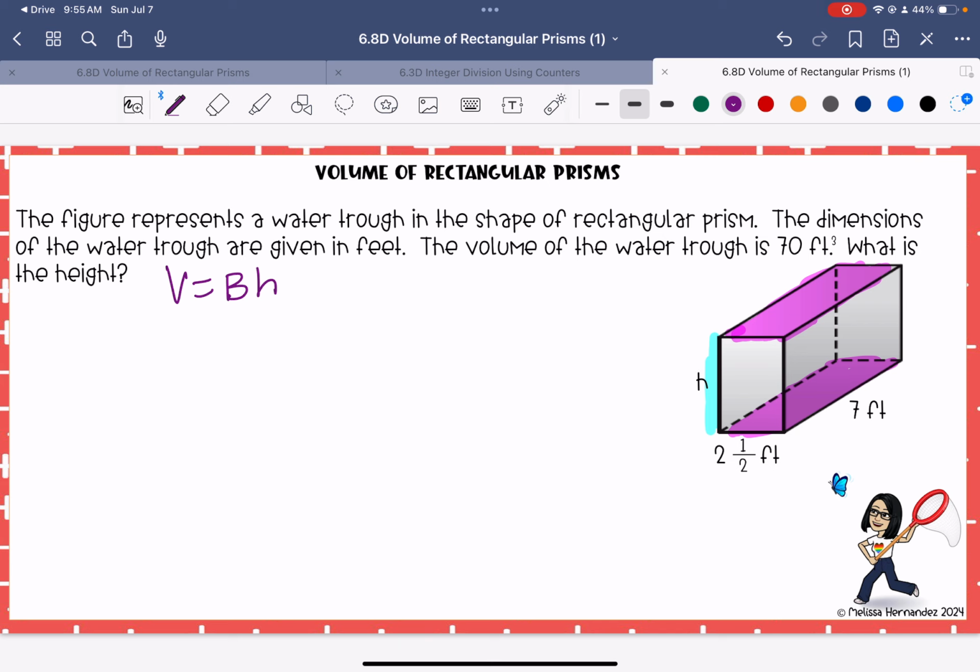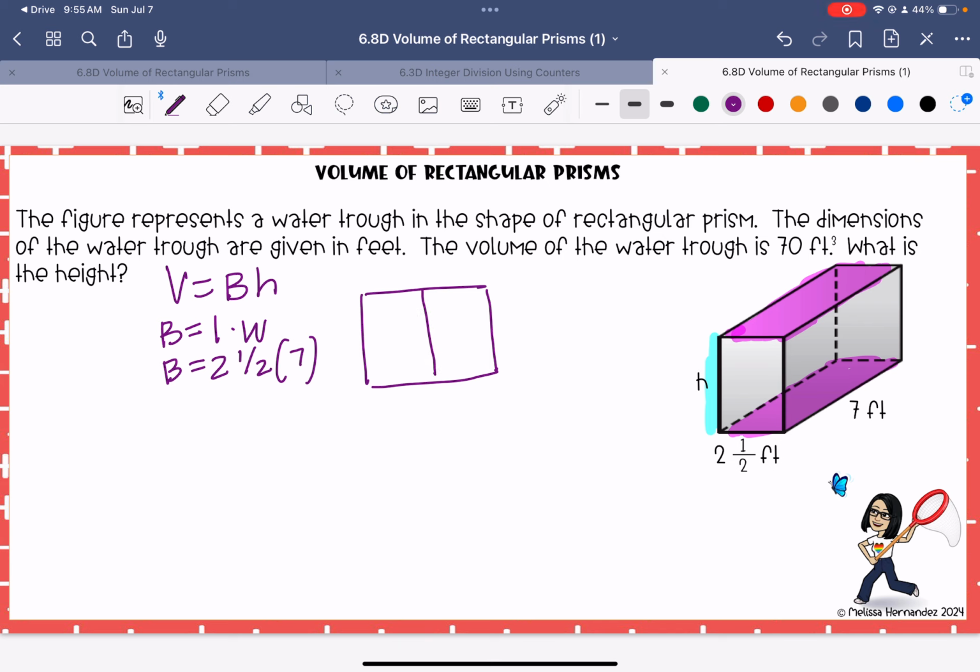Now, we're going to solve for area of the base, which is length times width because it's a rectangle. And so it's 2.5 times 7. Now, I like to use the area model. I think it's just less work versus converting it to improper.